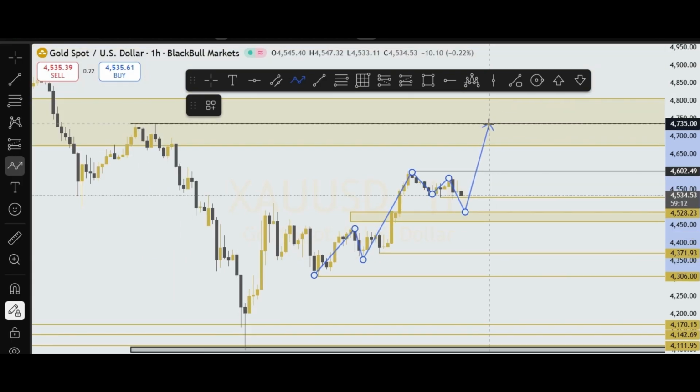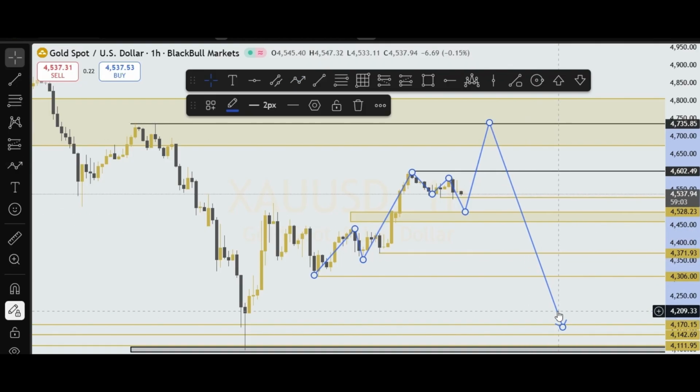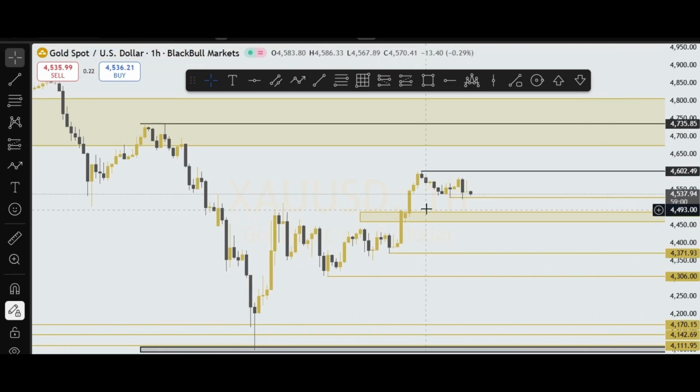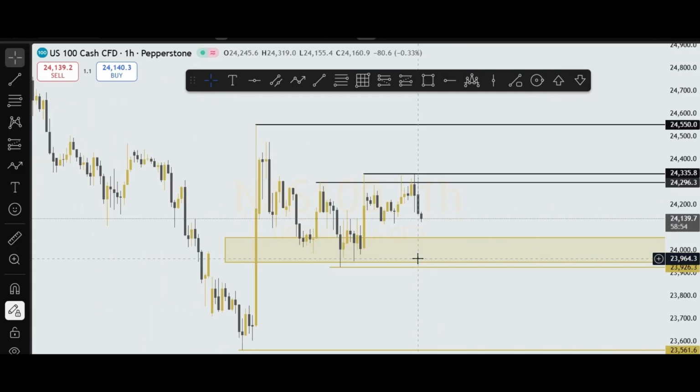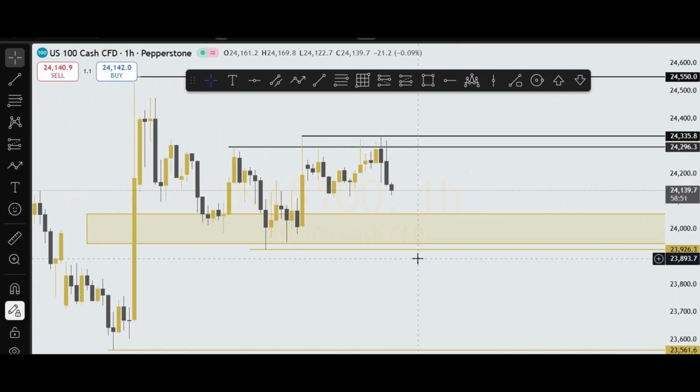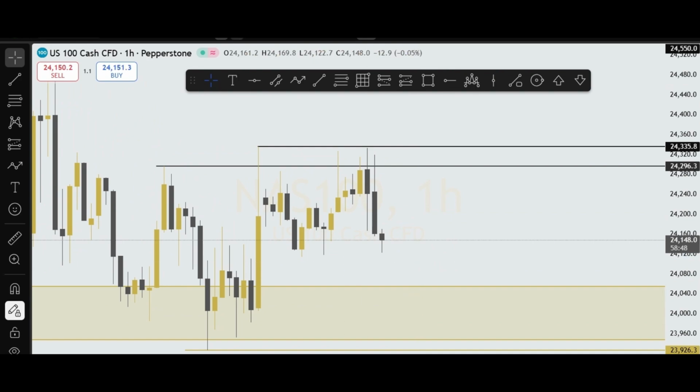Nasdaq was nice, and I took sells because it traded next to the highs. It traded next to a key level, which pushes the market to sell. When we go to our 5-minute time frame, we will realize that we took two positions.